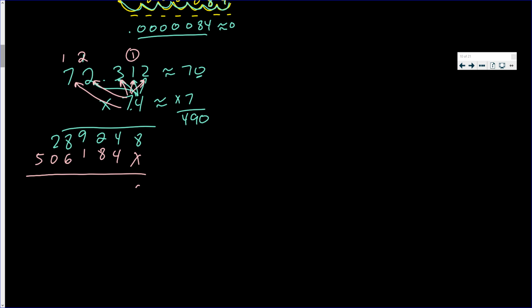Now when you add these digits, 10, 11, 15, 3, and 5, our answer is supposed to be around 490. Well, I'd put the decimal right there.